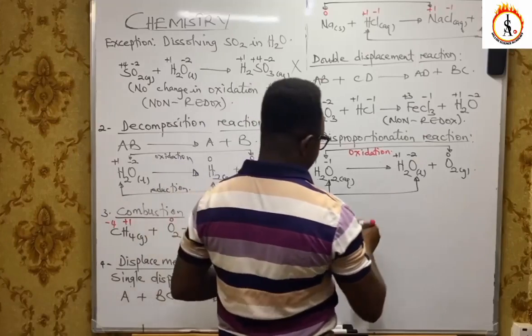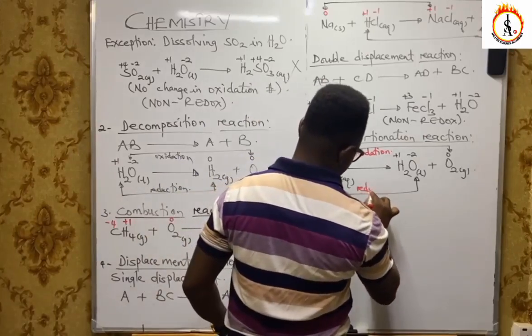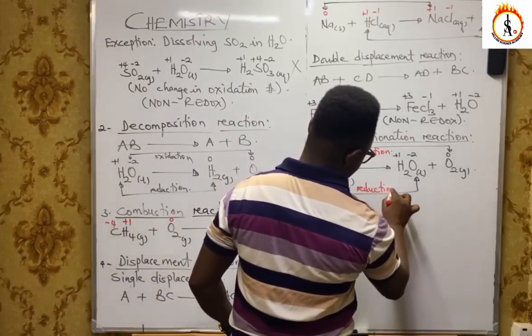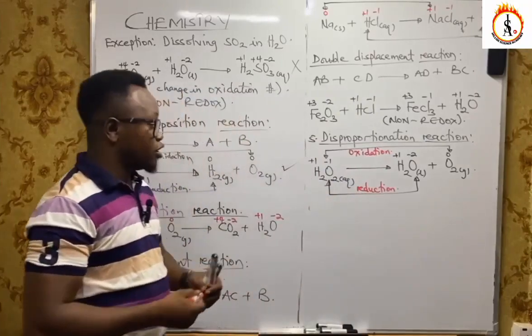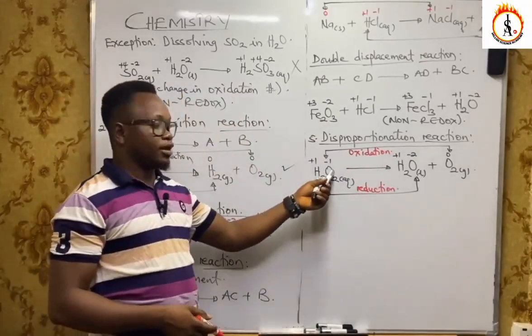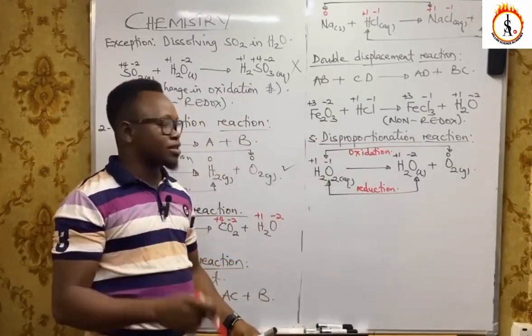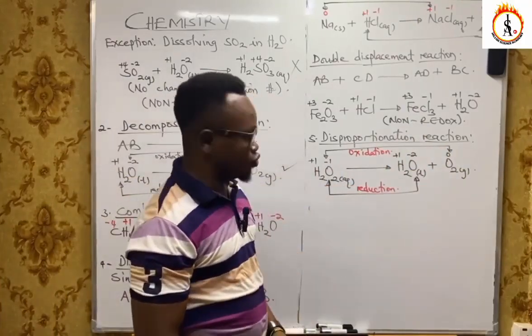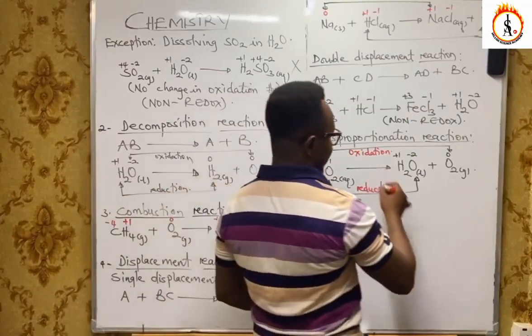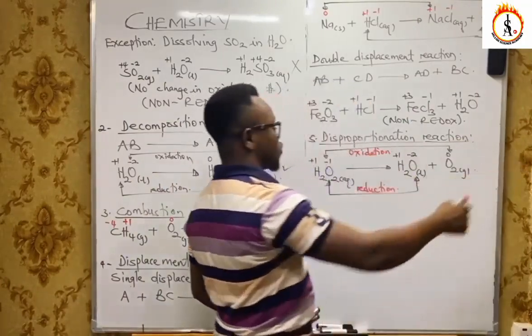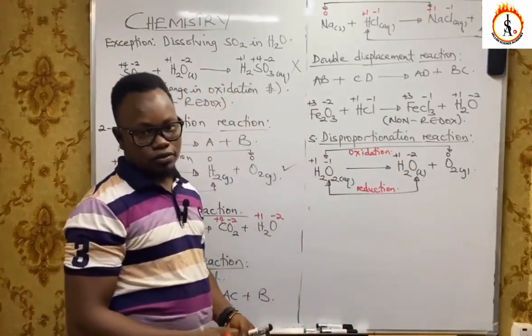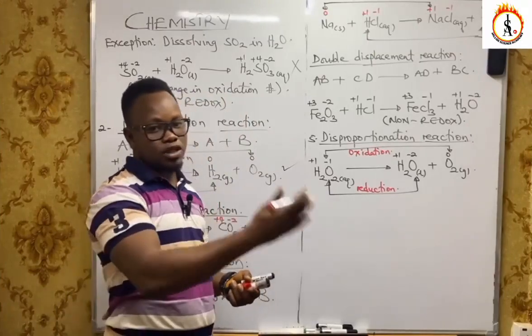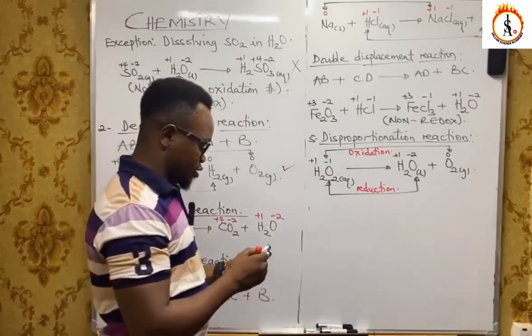So that tells us in this case it is reduction that is taking place. So the oxygen in the hydrogen peroxide is being simultaneously oxidized and reduced. So this kind of reaction, we call them disproportionation reaction, wherein you have the same species simultaneously oxidizing and reducing.